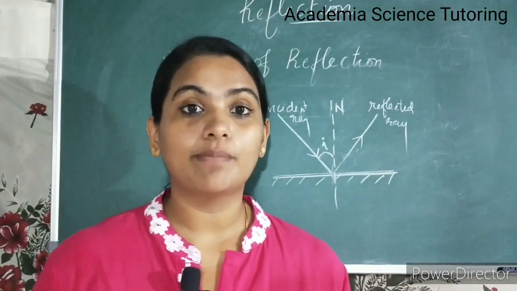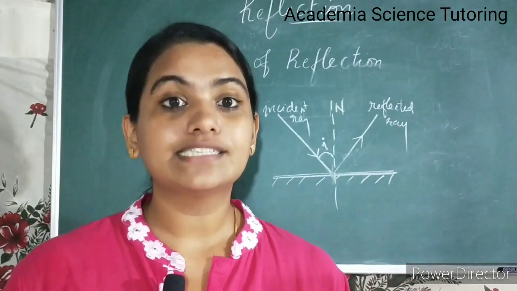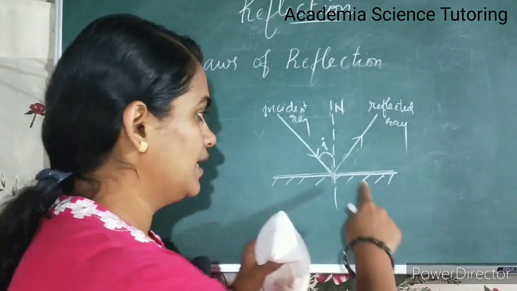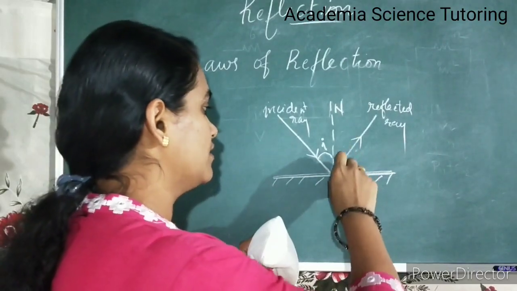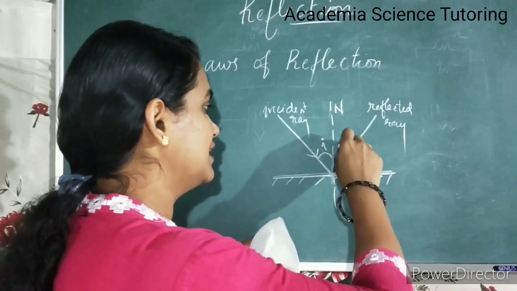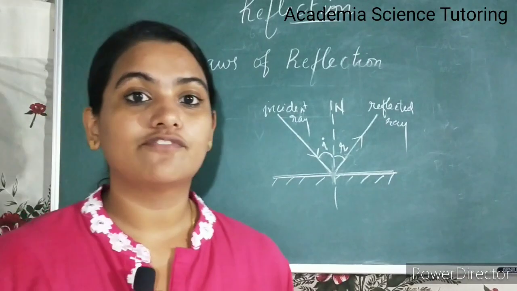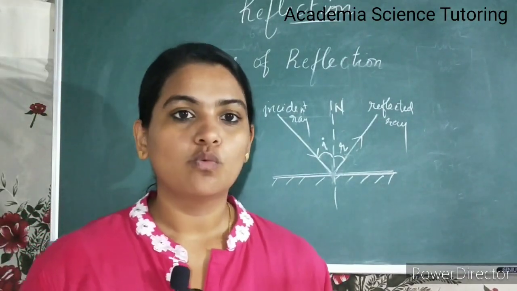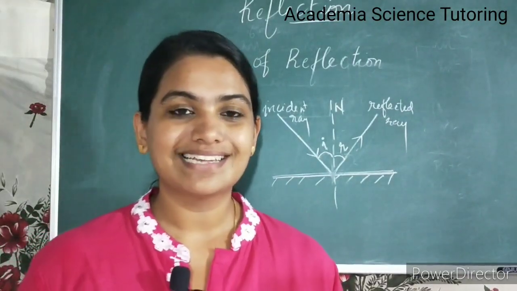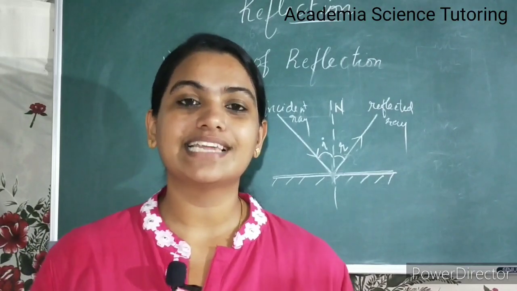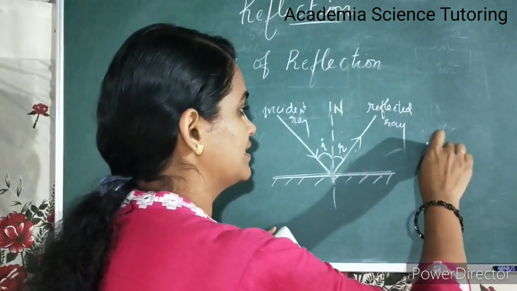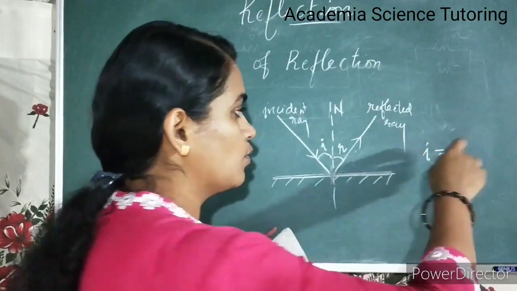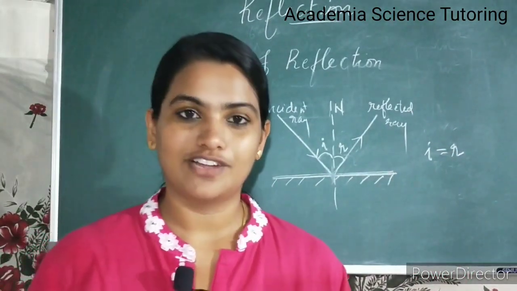The angle made by the reflected ray with the normal. So this is the angle of reflection, R. So what does the first law say? Angle of incidence is equal to the angle of reflection.